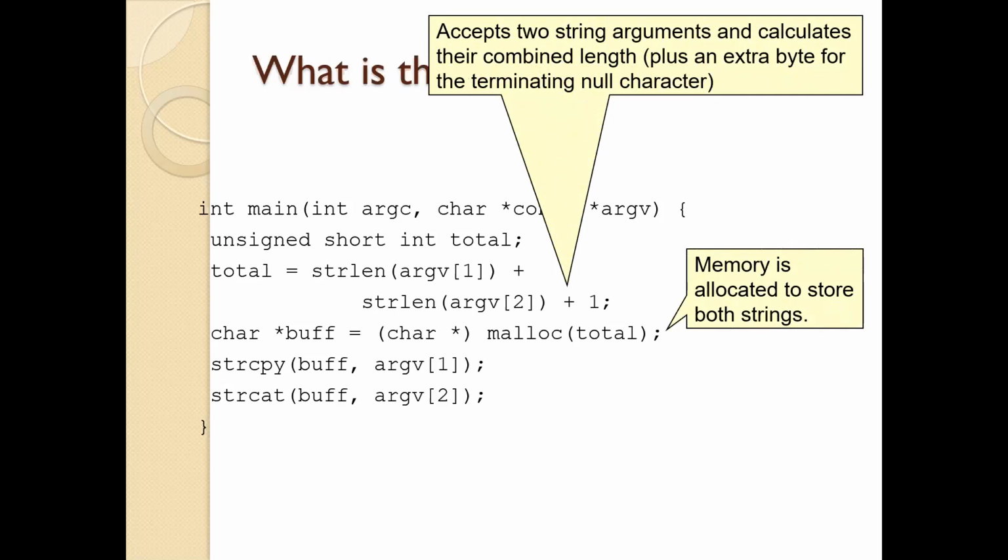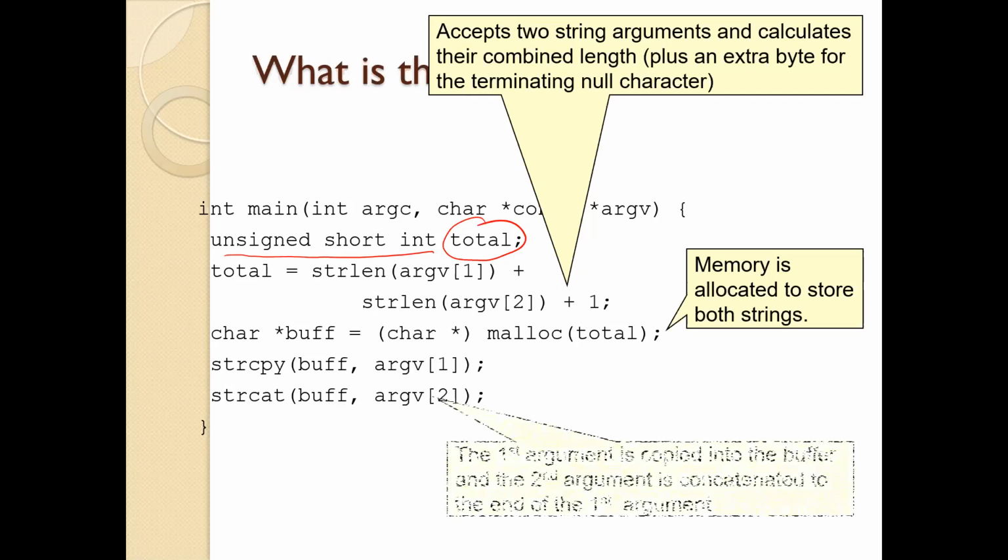Now, keep in mind, one important issue is the unsigned short int total. Remember, that means that total is limited in size. So the first argument is copied into the buffer, and the second argument is concatenated to the end of the first argument.